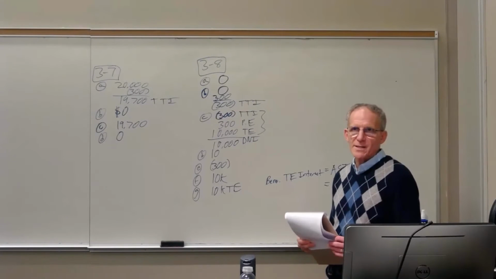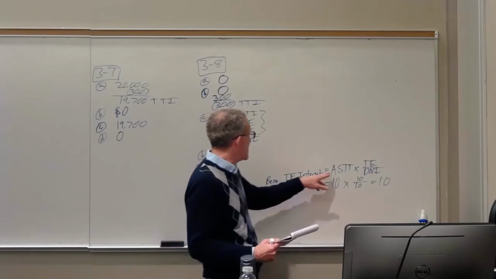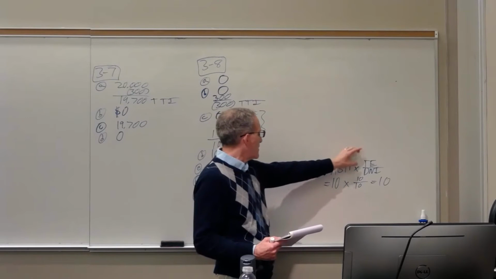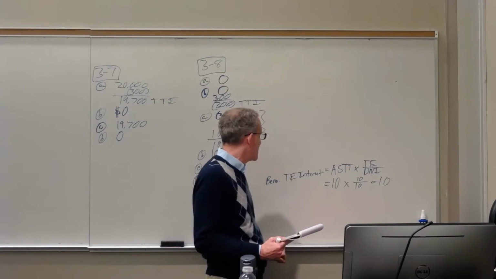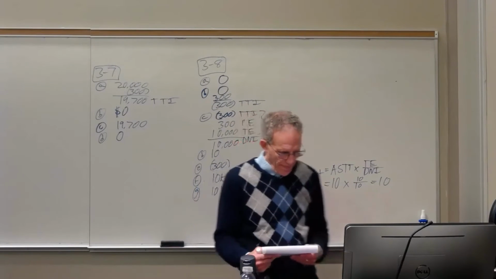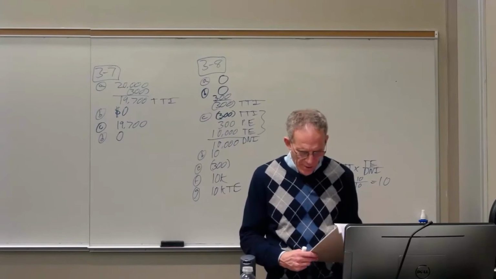We'll see how it gets a little bit more complicated. But again, if you look at 652, it creates a formula. Amount subject to tax times whatever the kind of income is over the overall DNI. So your answer for your notes is $10,000.